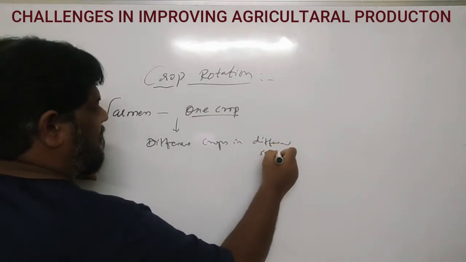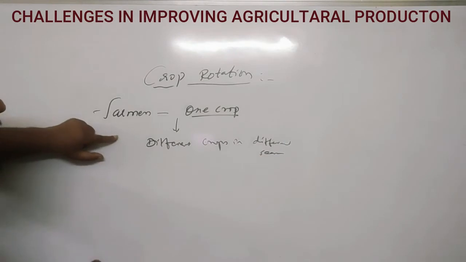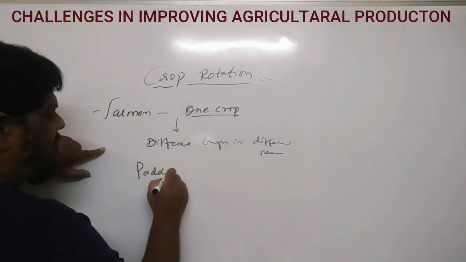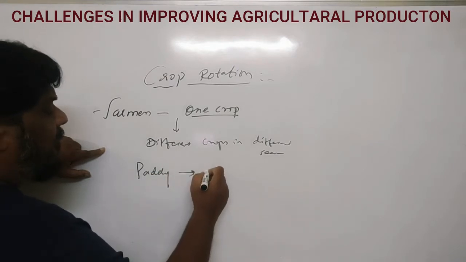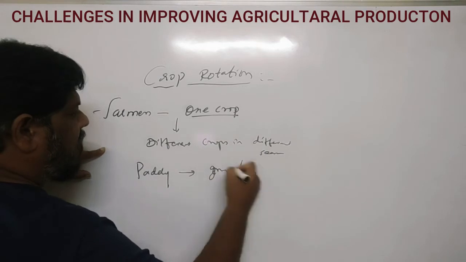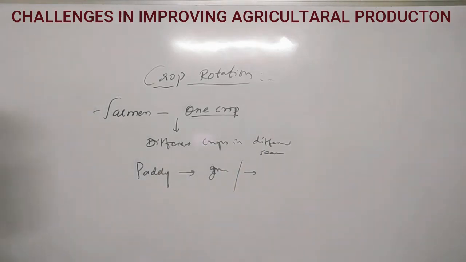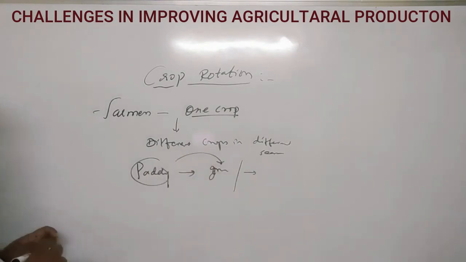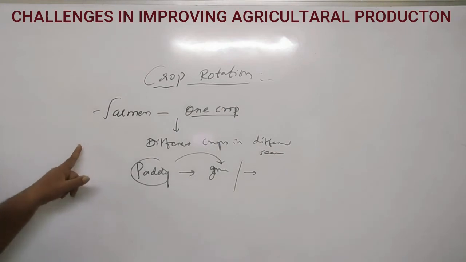For example, if they go for a paddy crop this year, in the next season they go for groundnuts or some other rabi crops. They are not going for the same paddy crop again. Now, what is the reason behind that? That is what we are going to discuss now.